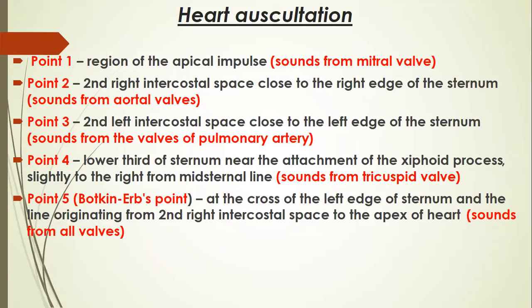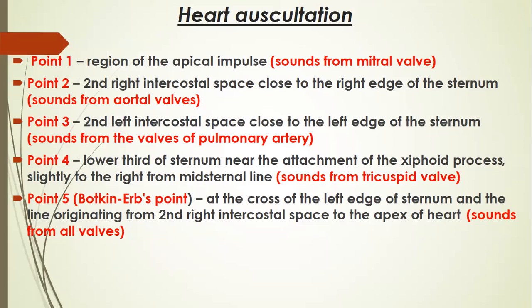In heart auscultation, there are several rules. At first, the first point: we can hear the sound from the mitral valve. This is the region of the apical impulse. Then the second point, the sound from the aortic valves: the second right intercostal space close to the right edge of the sternum.